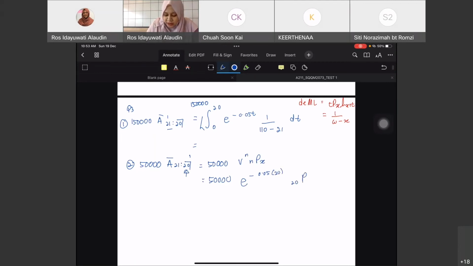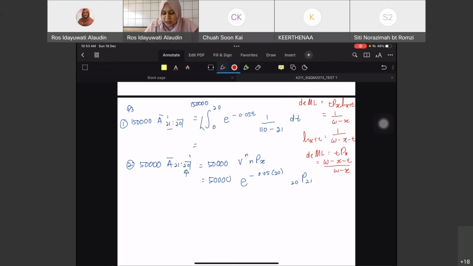So 20p21. So the tpx for De Moivre's law is omega minus x minus t over omega minus x. So for De Moivre's law, mu x plus t is 1 over omega minus x minus t.